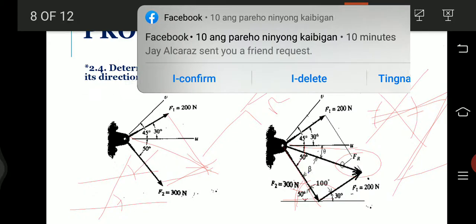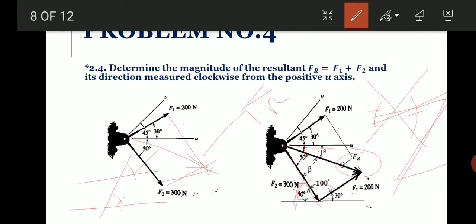So we get the 50 here, and now you see the 30 here, so it's always equal to this angle here. Now since this angle is equal to 180 degree, so we get the 100 degree.